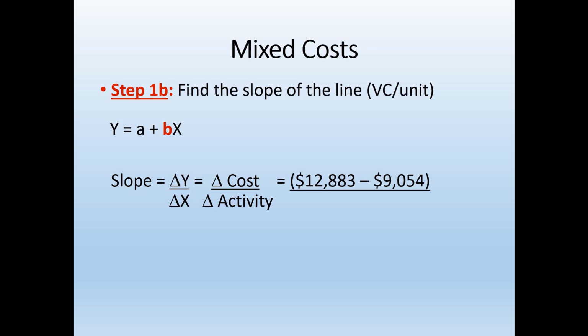So we look back at our high point and low point for cost and then divide that by the high point and the low point for activity. Now it's just a matter of cranking out the numbers. Here's the difference in cost between the high point and the low point divided by the difference in machine hours between the high point and the low point.